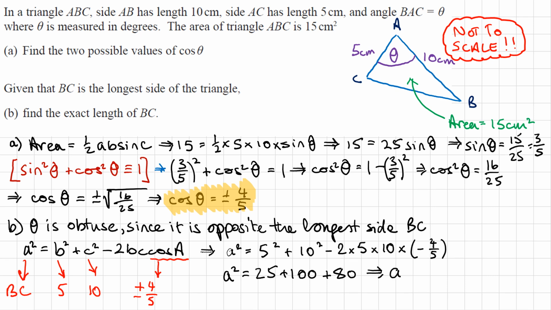So I will have a squared is equal to 25 plus 100 plus 80, and that gives me 205. So the exact value of a is going to be the square root of 205. I guess I could leave it like that. It doesn't say anything about a surd or anything like that. It does say exact value. Actually, that doesn't simplify any further. But what we don't do is change it to a decimal, because it asks for the exact value here. So square root of 205 centimeters would be my exact length.